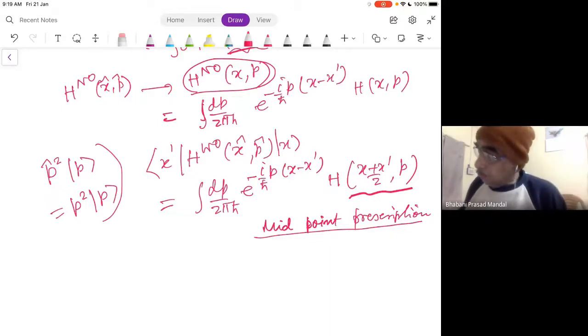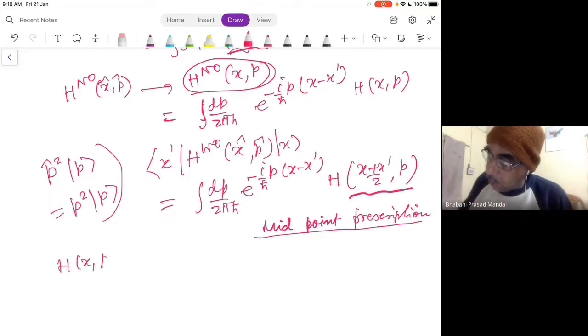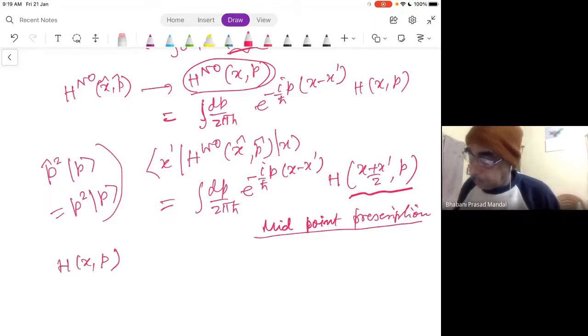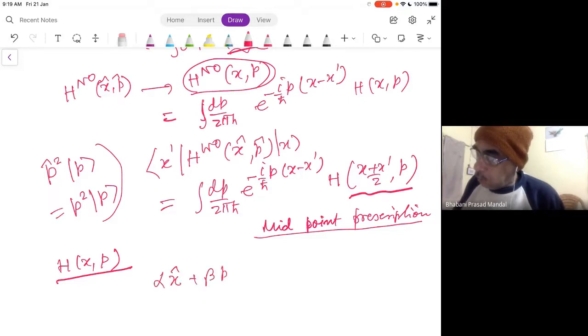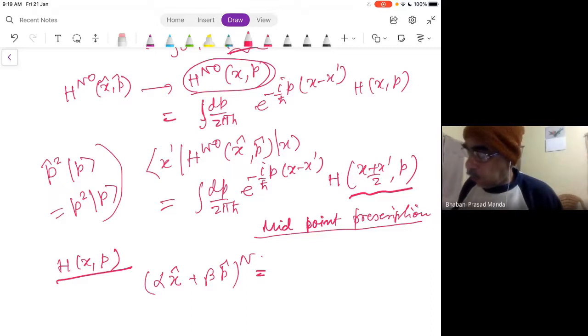In general, first we'll assume that any Hamiltonian is a function of x operator and p operator. We can think of a most general Hamiltonian. The most general Hamiltonian can be some constant alpha times x plus beta times p to the power n. In general, it can have a binomial expansion, all possible powers of x and p up to n in your choice.